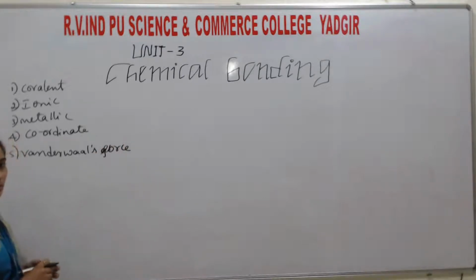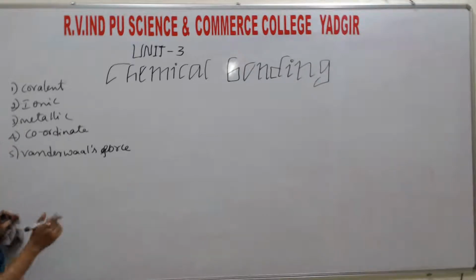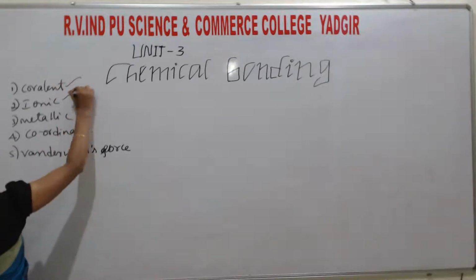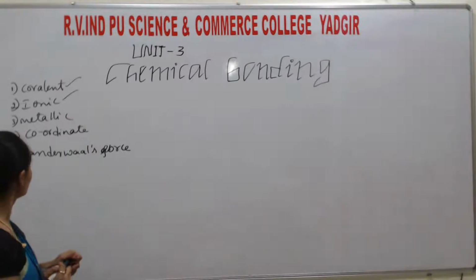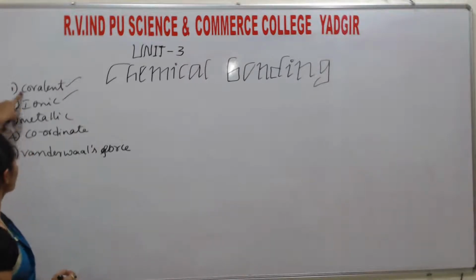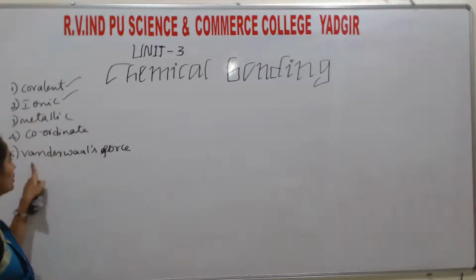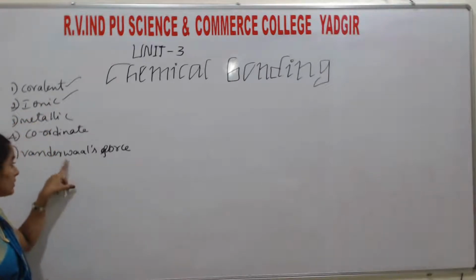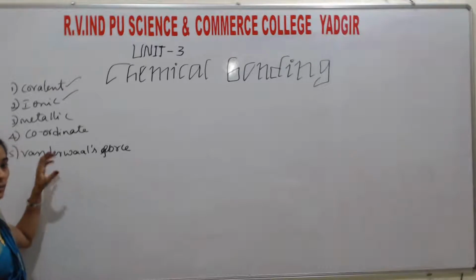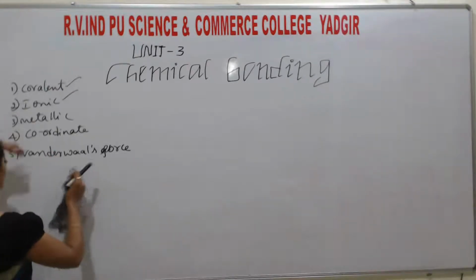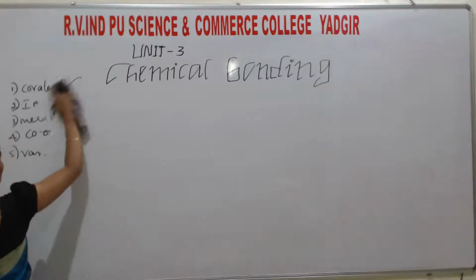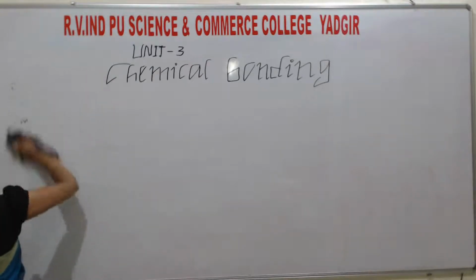In that, you are going to study only covalent and ionic in this chapter. In van der Waals, hydrogen bond will come, dipole interaction will come, polar, non-polar will come. Okay. So we will study covalent and ionic bond.